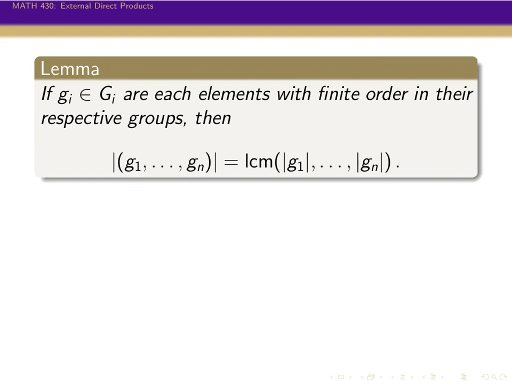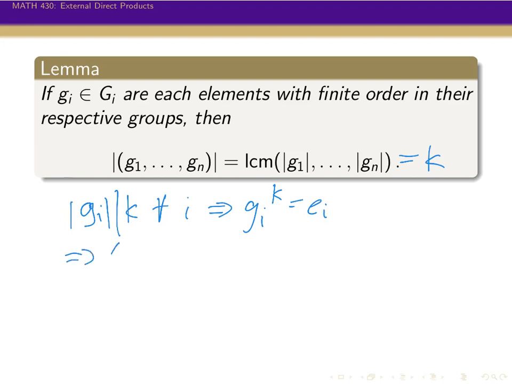So the first thing to note is that, let's call this least common multiple K. Since the order of g_i divides K for all i, this means that g_i to the K is going to be the identity for whatever big G_i.